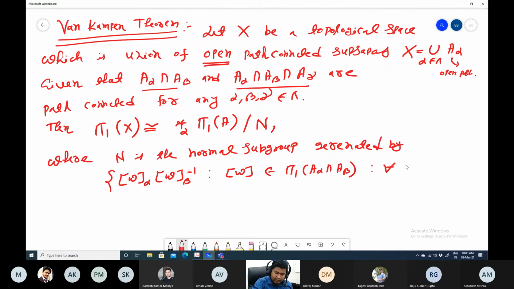Now this is for all alpha, beta belonging to that index set. Okay, so this is the statement of Van Kampen theorem.